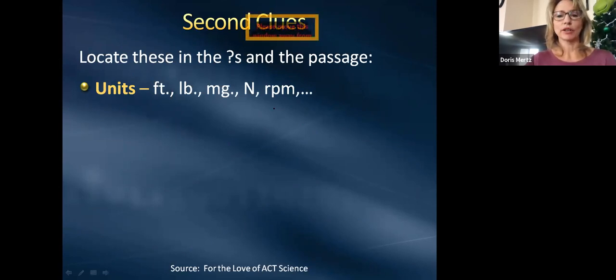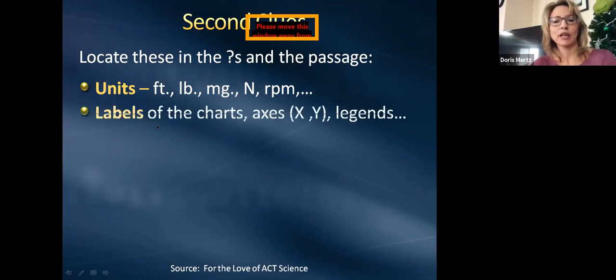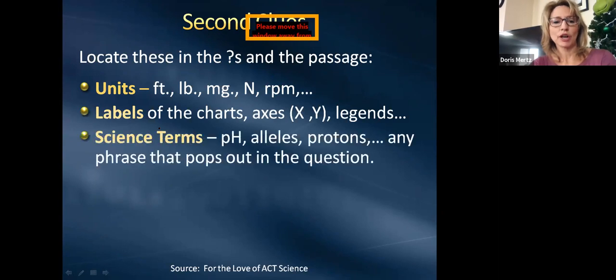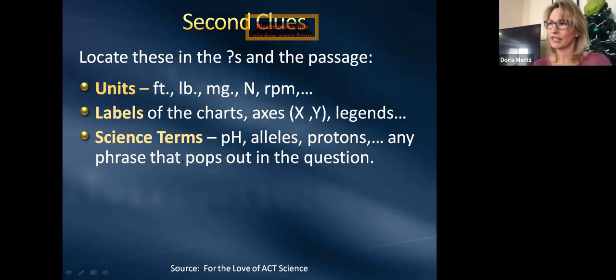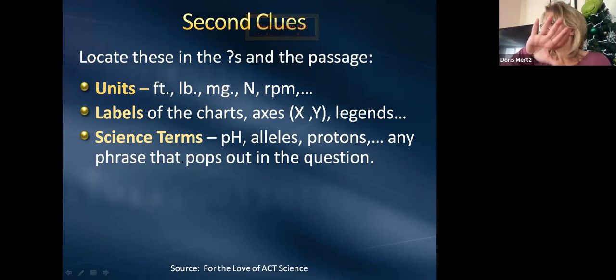You can even circle them in the question, circle it on the table if you want to. So after you look for the figures and tables, then you look for the units, look for the labels of the charts, and you look for scientific terms like pH, protons, any phrase that pops out in the question. That's the Waldo you're going to be looking for in the passage.